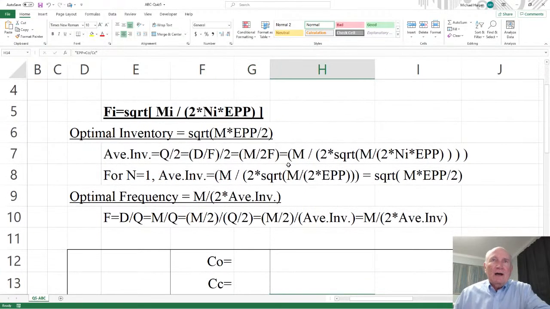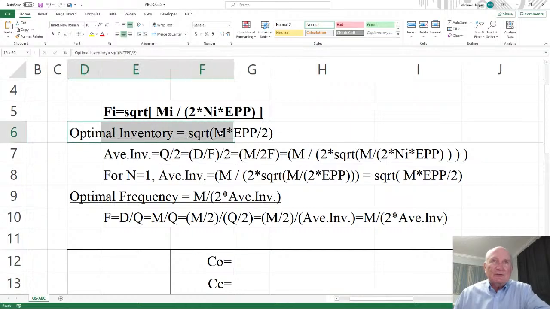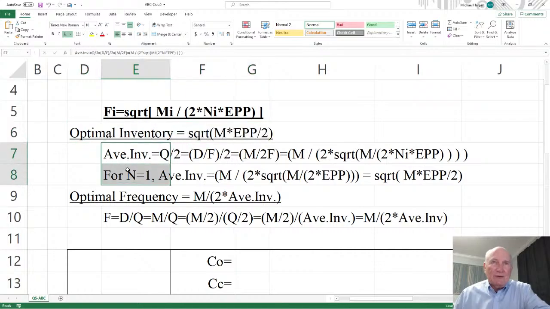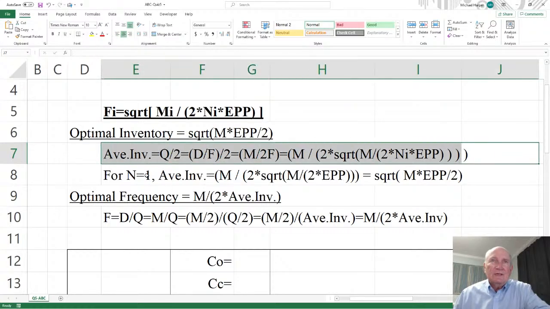So the optimal inventory is going to be, well, I have this equation here, but I'm deriving it right here. Follow this logic: the average inventory is Q over 2. Q from the fundamental equation is D over F, over 2.